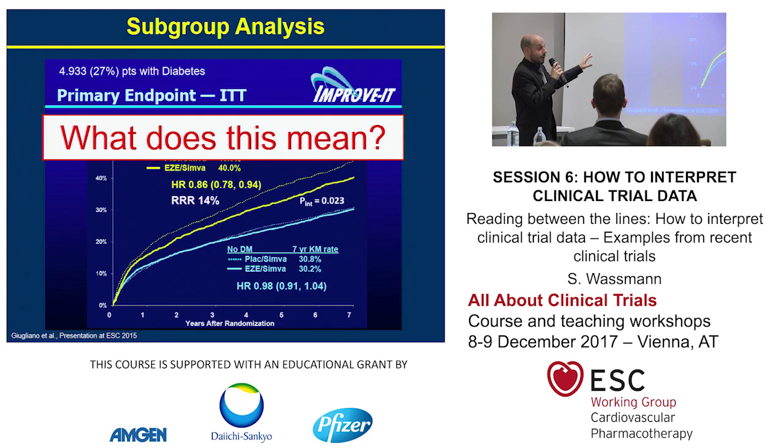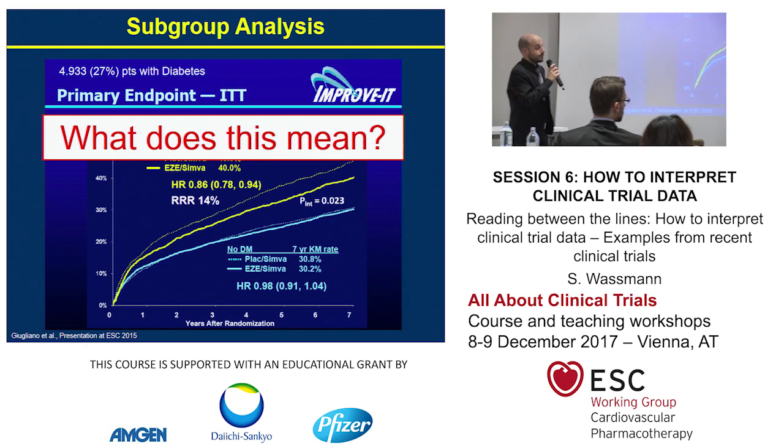If they had done this, you would have the same number of patients matched according to diabetes. So it means that at the same time you can also test the hypothesis in patients with and without diabetes, but this is not the case.